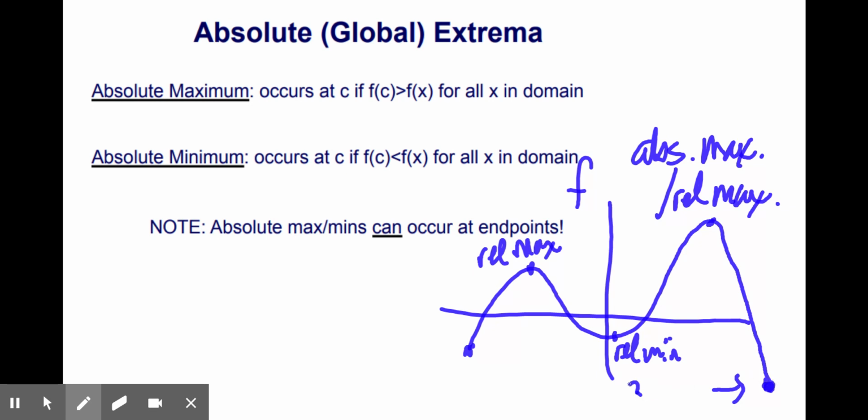However, it is the absolute min, because it is the lowest y value on this graph. The y value will never get lower than this point. So absolute mins and absolute maxes can occur at the endpoint. They don't have to, but they can. That's important to understand.